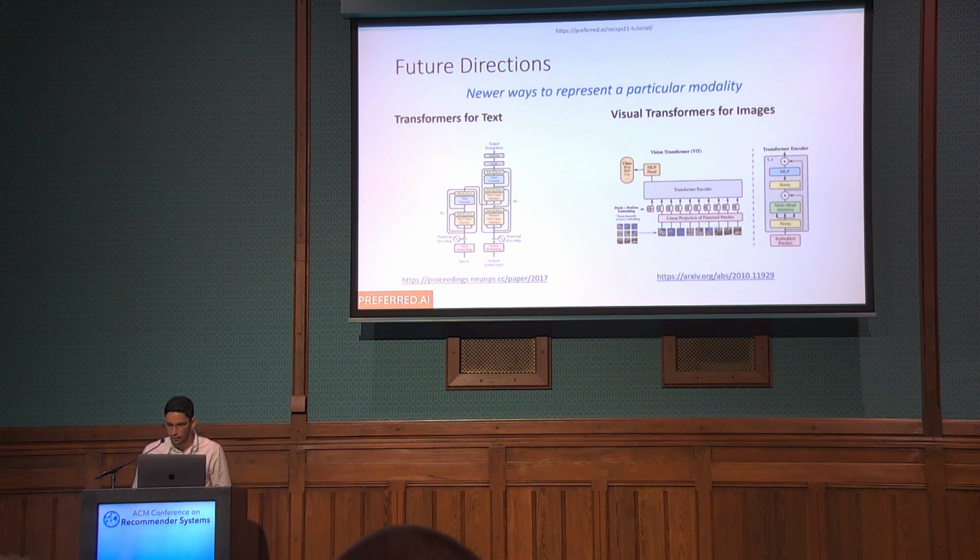So there may be different future directions. Of course, the most obvious one is to consider more sophisticated models to represent each modality before integrating it into your recommender model, such as transformers or visual transformers for images.